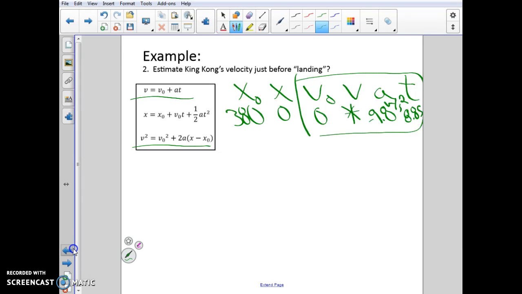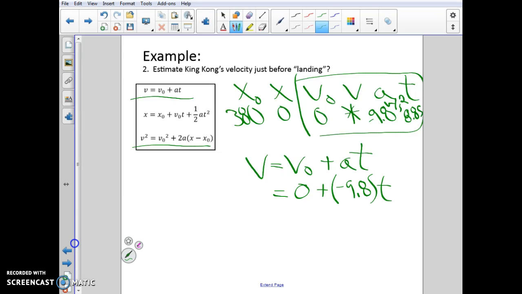I'm going to use the first because it's easier. V equals V sub 0 plus AT. Writing it out so I can keep remembering it. V sub 0, 0 plus negative 9.8 T. And that velocity is what I want to find out. And time was 8.8 seconds.